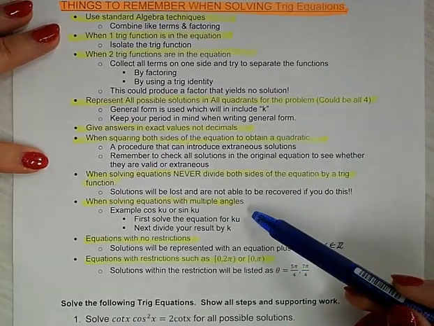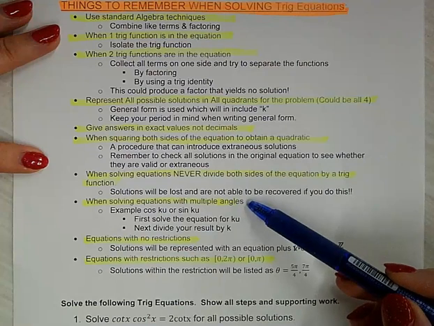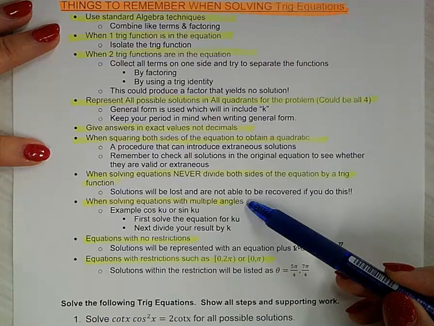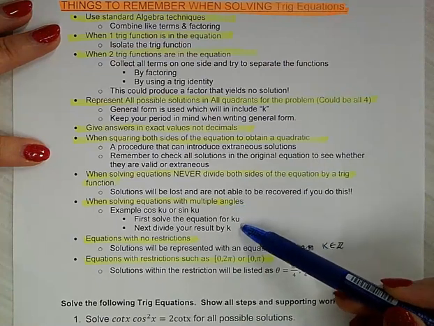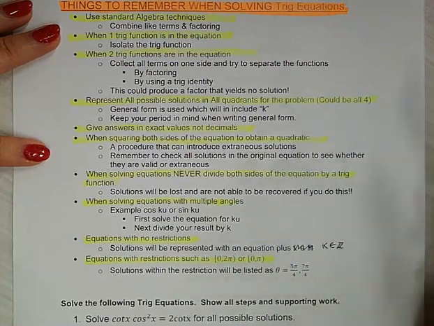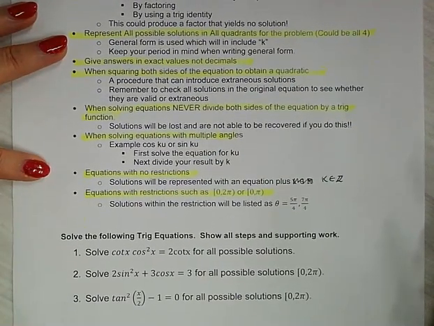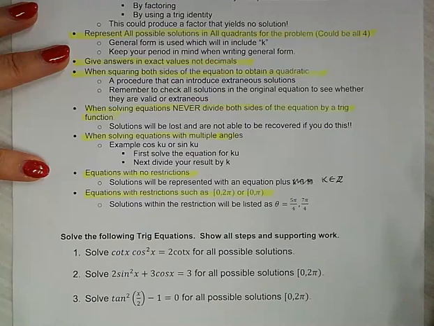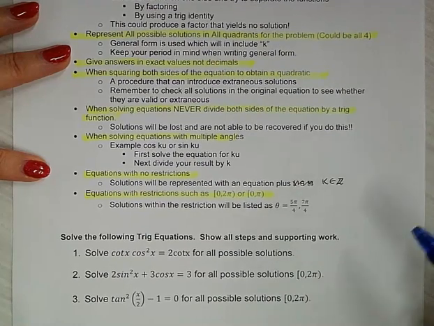Then we're going to solve the equation. Some of them might be multiple angles or have horizontal dilations, and that's going to work very similarly to when we did vertical asymptotes. So we'll follow that same kind of procedure, except we might have some lists to adjust instead of just an equation.